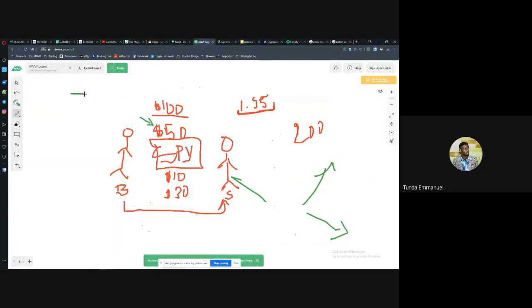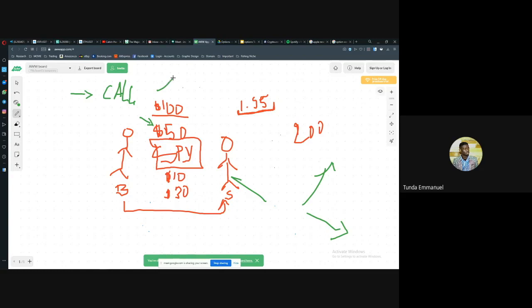So you first of all have what we call calls. Calls are the contract that you get in believing that the price is gonna go higher. When you buy a call, it means you believe that the price is gonna go above your strike price.